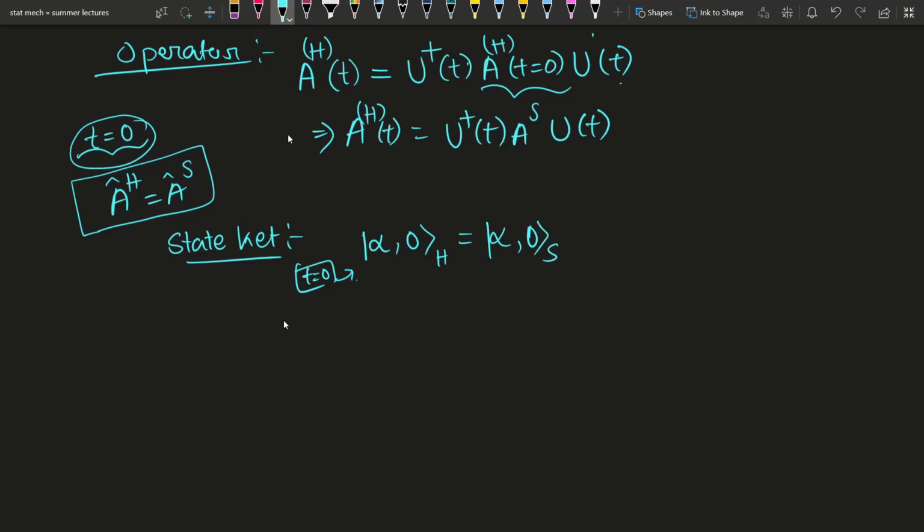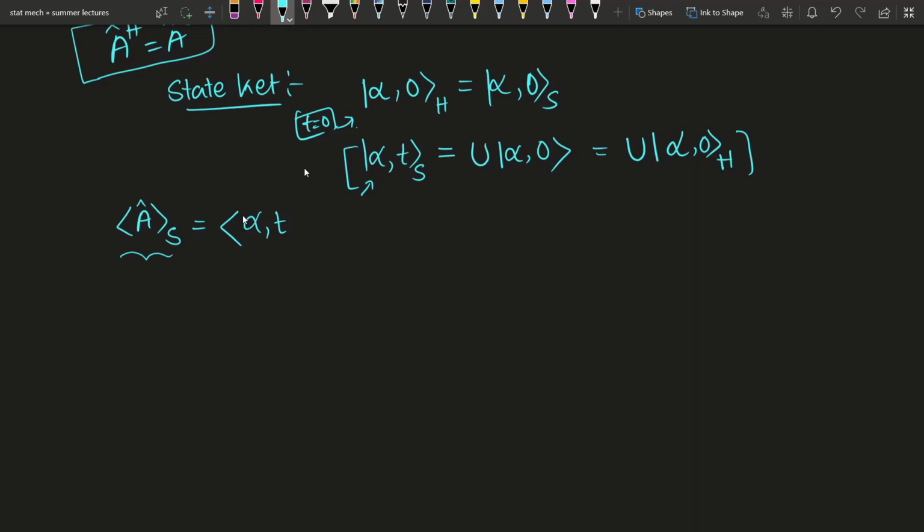At t equals 0 both are the same, so I can write U and alpha 0, either Heisenberg or Schrodinger, right. So this is the relation.